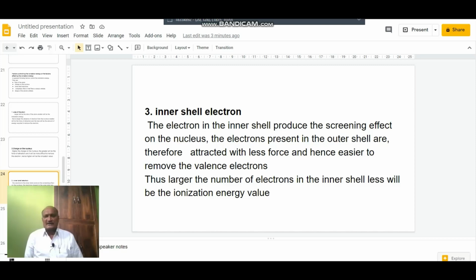The electrons present in the outer shell are therefore attracted with less force of attraction. Hence, it is easier to remove the valence electron. Thus, the larger the number of electrons in the inner shell, the less will be the ionization energy value.